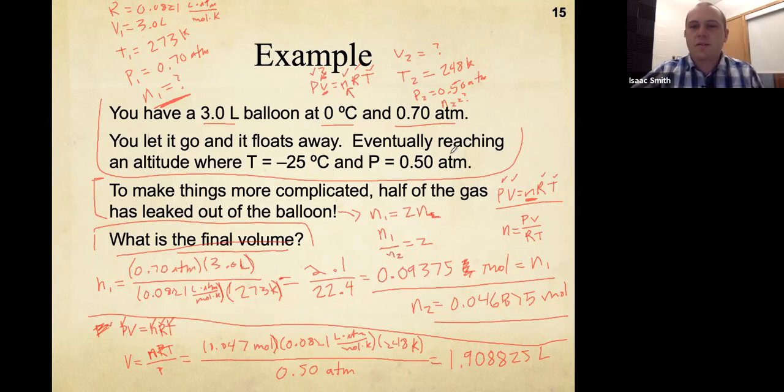Anyway, we're going to be stuck with 2 sig figs for our answer here. So this would round to 1.9 liters. Okay. And if you got like 2.0, 2.1, 1.7, those are all essentially the same with regards to significant figures.